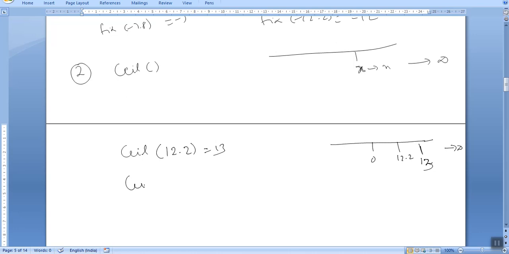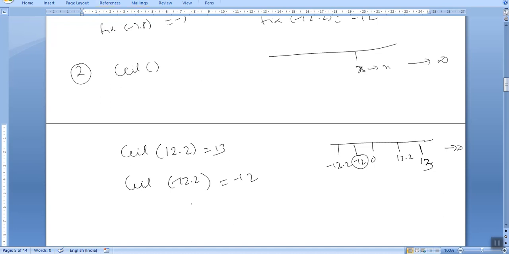Suppose you take ceil of minus 12.2. This is the same, minus 12.2 towards the positive side. So rounding to the nearest integer, that one is minus 12. So it is a little bit different from the fix function. This is about the ceiling function.